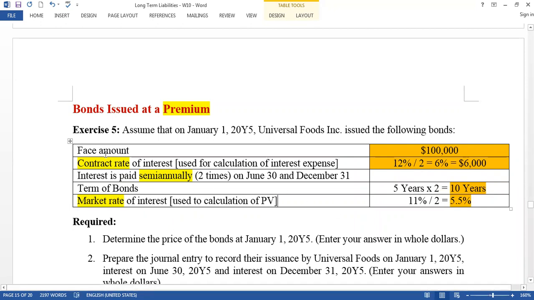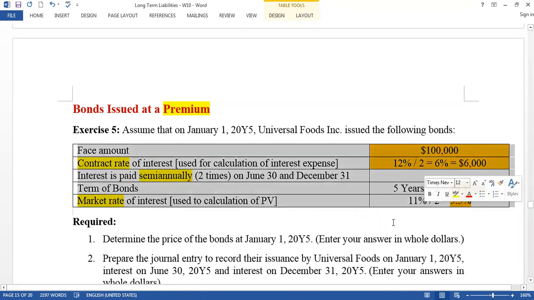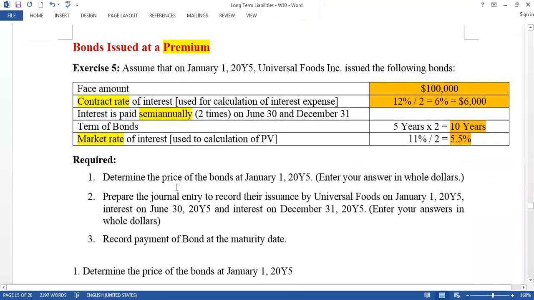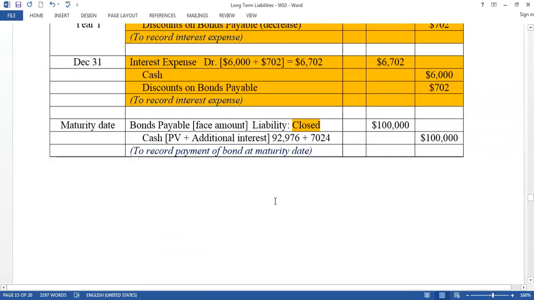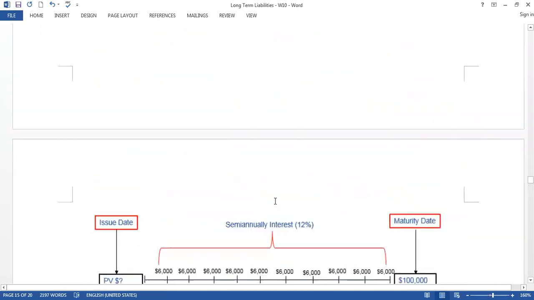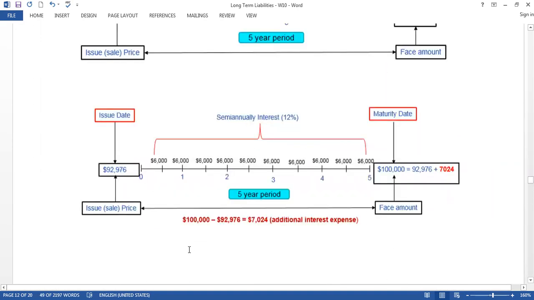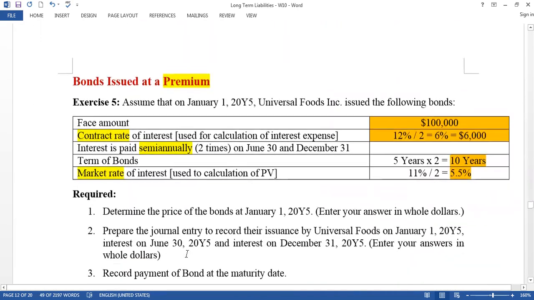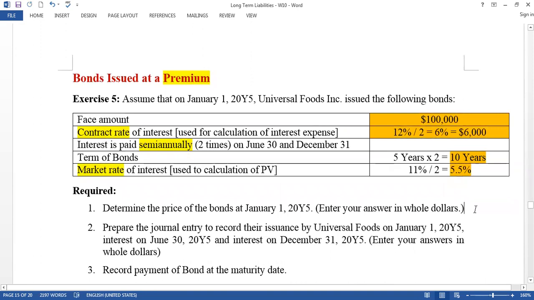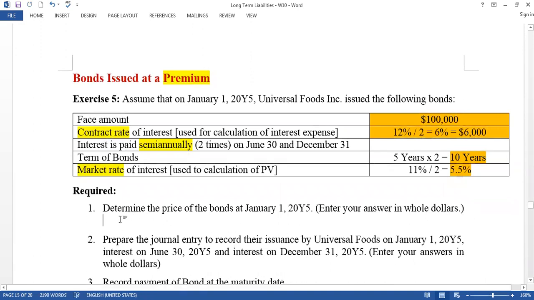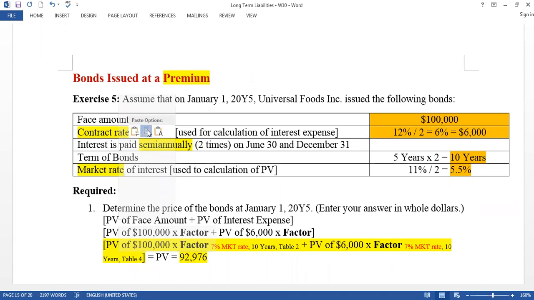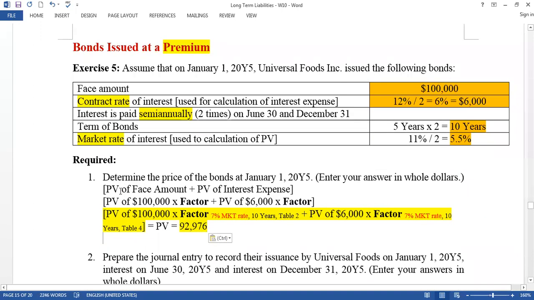So you already read your question carefully. Now your first job is to calculate the present value of the bond today. Then let me copy something from here. So present value of face amount, present value of interest expense.